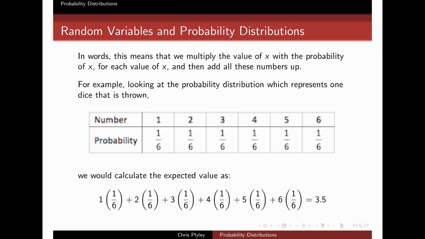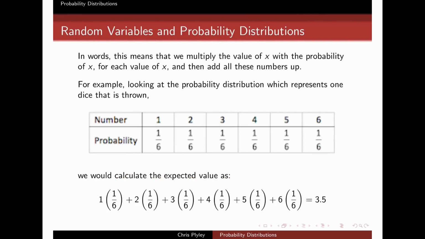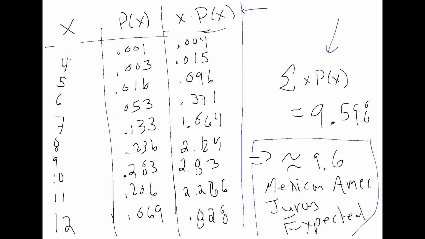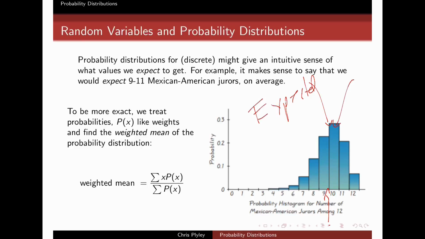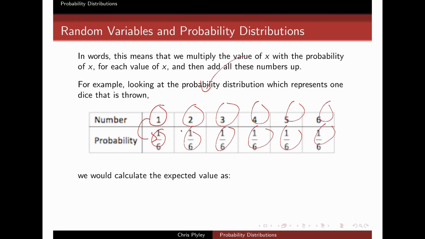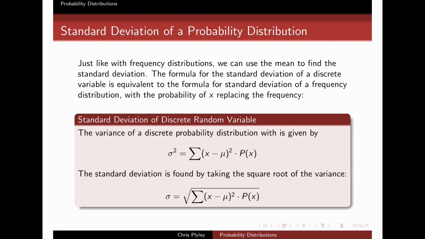We have our distribution of data here that's very uniformly spread out, and so we would expect this to have a certain type of standard deviation. And then we have our jury distribution, which looks a lot more like a bell curve, like a normal distribution. And so it still makes sense for us to consider things like the standard deviation of a probability distribution.